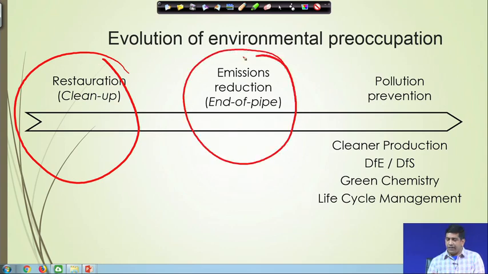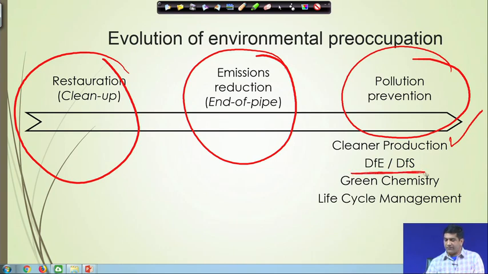That is what is called the end of pipe approach. Now, for the last decade or so, we are focusing more on pollution prevention, like how to have cleaner production, design for environment, design for sustainability, green chemistry, life cycle management, all these things are coming into the picture, including in the design of electronics.